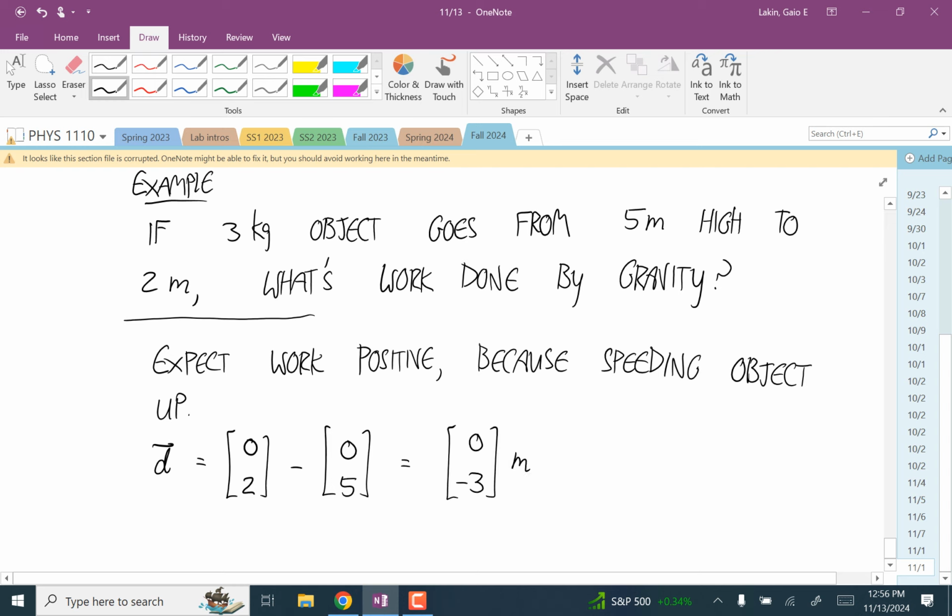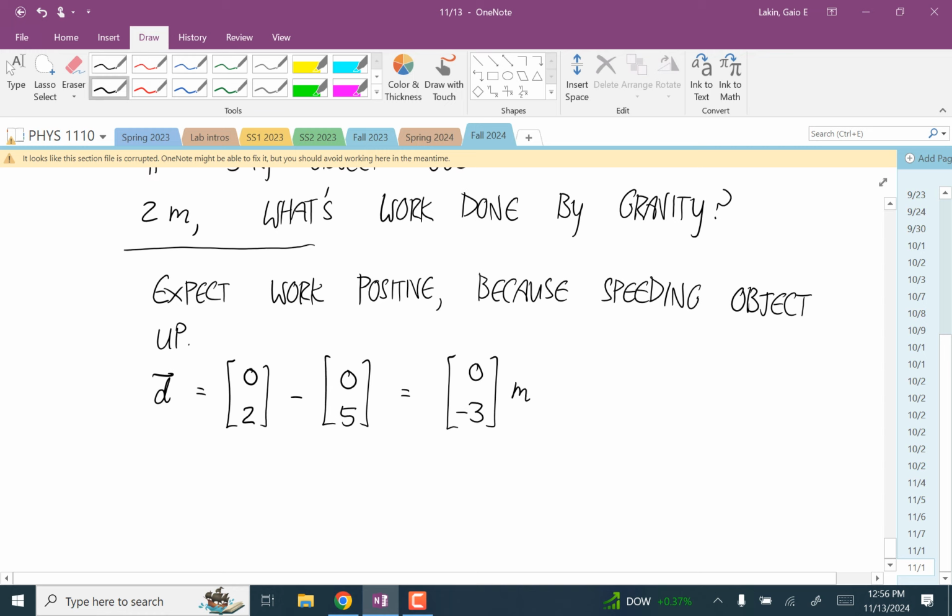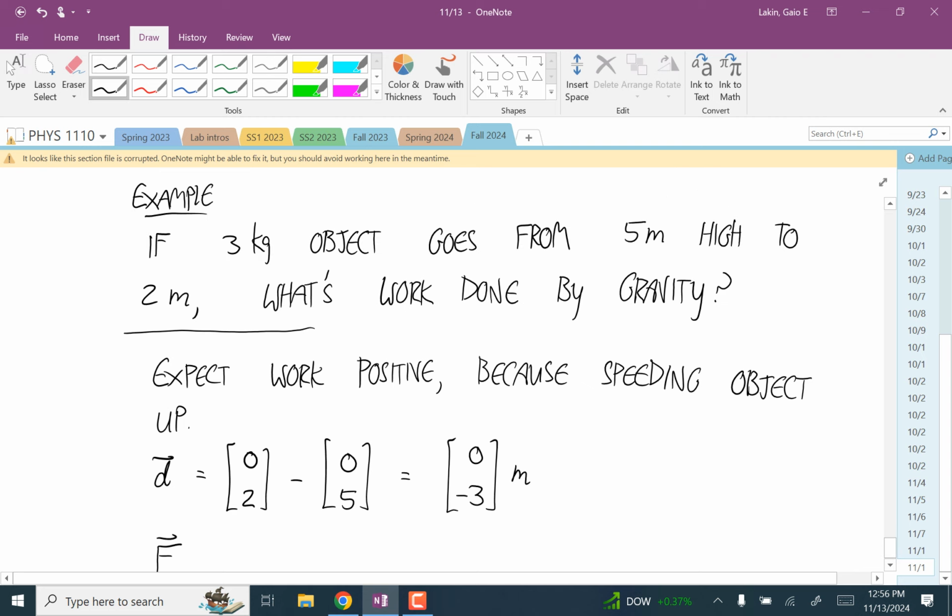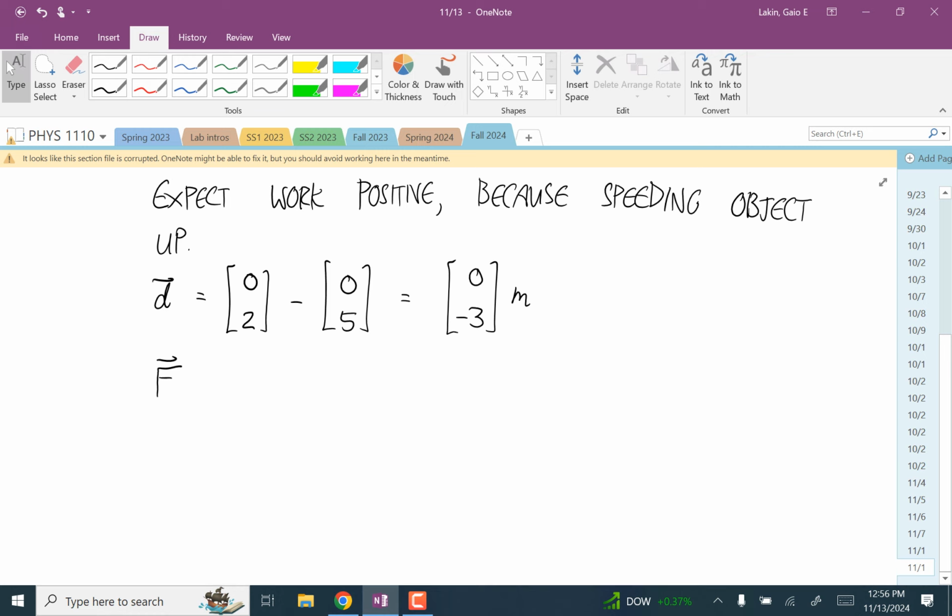And the units are meters. The force vector that gravity applies is downward with a magnitude of the mass of 3 times 9.81. So this is 0, -29.43 newtons.